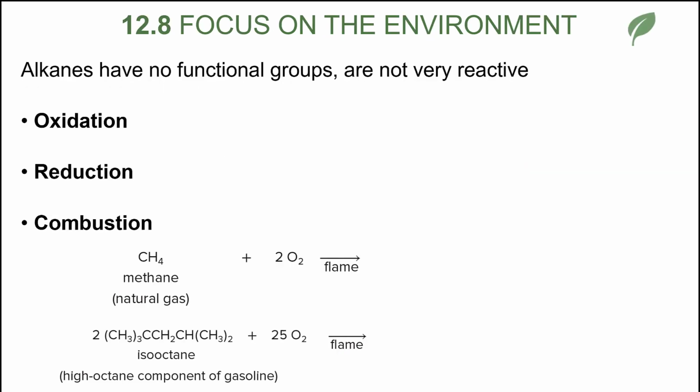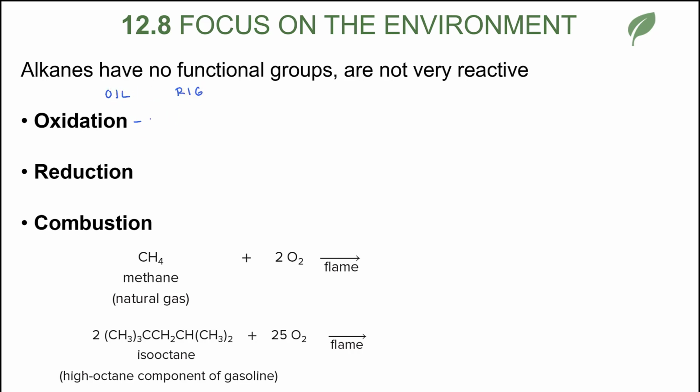Alkanes have no functional groups and are not very reactive. A couple of reactions that they can undergo include oxidation, which results in an increase in the number of CO bonds or a decrease in the number of CH bonds. Okay, so if you remember OIL RIG from general chemistry, we can use that here.